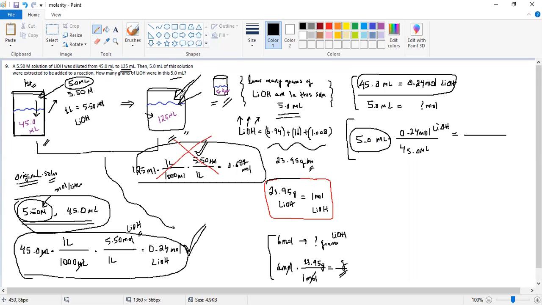And if you were to take 5.0 milliliters from this solution, you would have a different amount of moles per liter of lithium hydroxide. And why that is the case is because this one is more concentrated and this one is less concentrated.